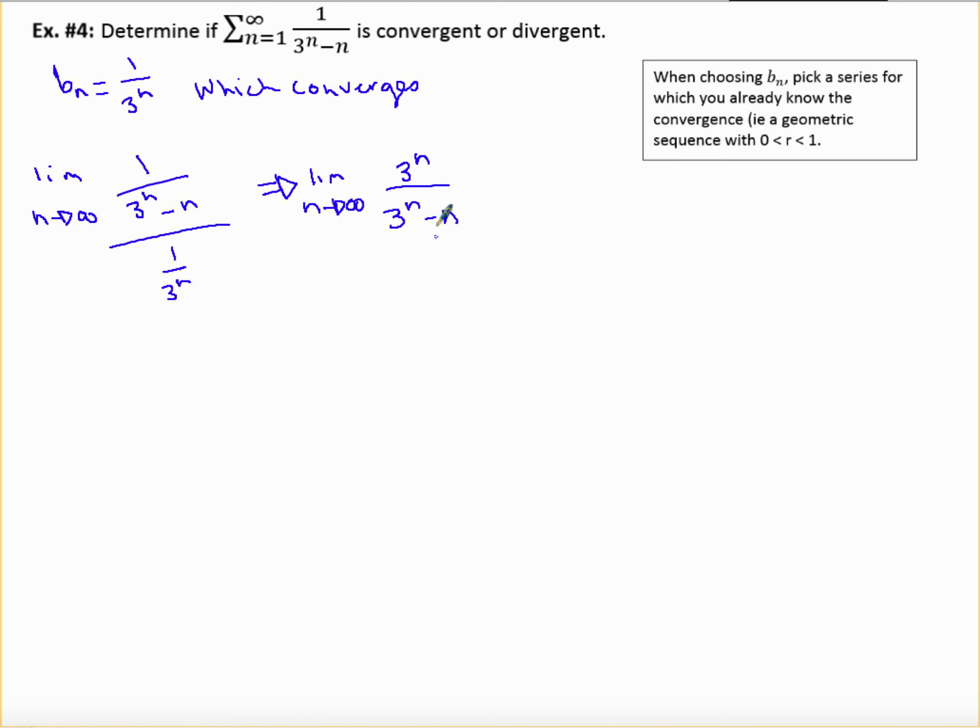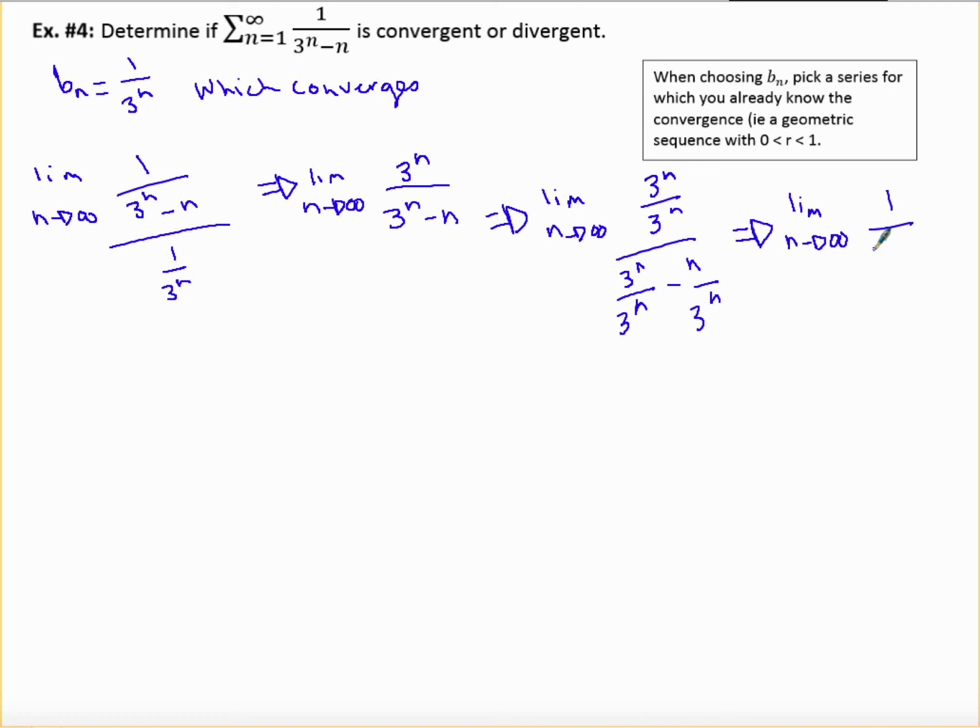All I have to do is divide every single term by 3 to the n. Everything is getting divided by a 3 to the n party. So it's just like dividing by 1 or multiplying by 1. When we simplify that out, I get the limit as n approaches infinity of 1 divided by 1 minus n divided by 3 to the n.